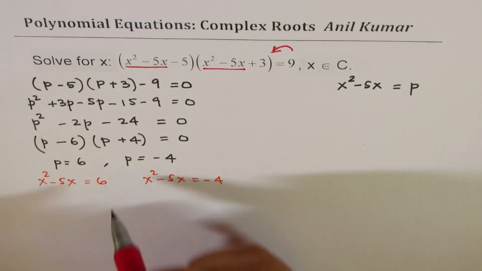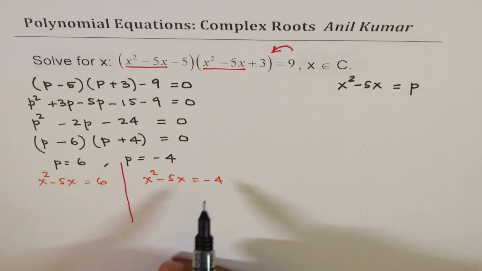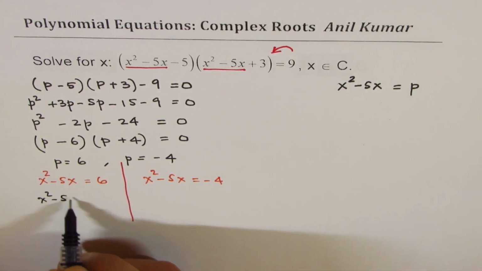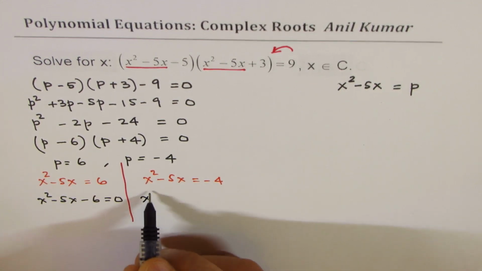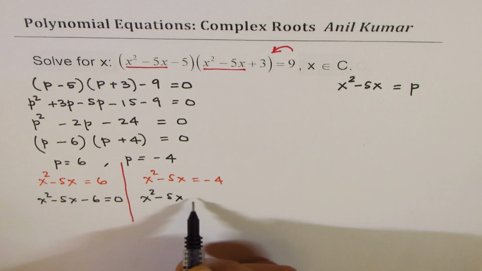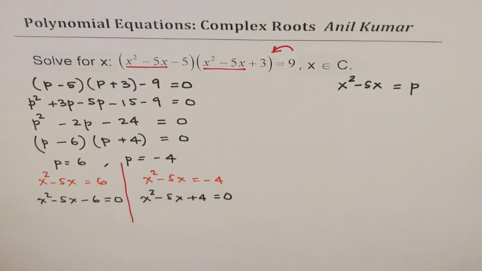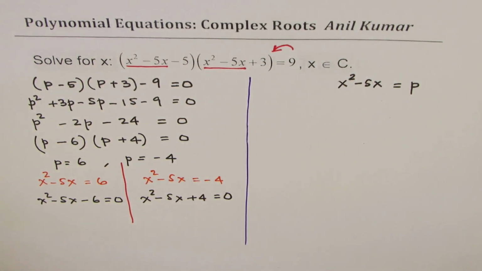So these are the two equations which we get now to solve. Bringing the terms together, we get x squared minus 5x minus 6 equals 0. The other equation is x squared minus 5x plus 4 equals 0. Correct? So now we are going to solve these two equations to find the solution in the domain of complex numbers. Is that clear?